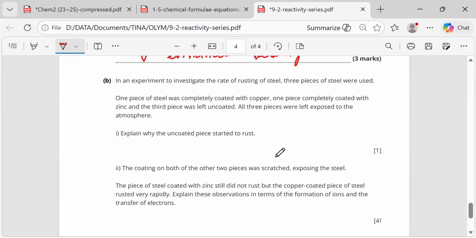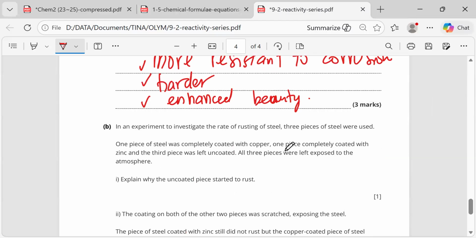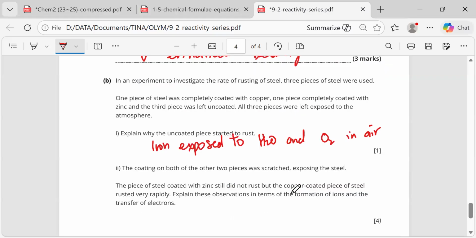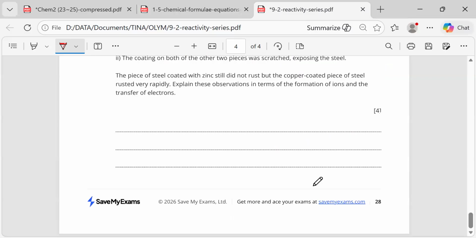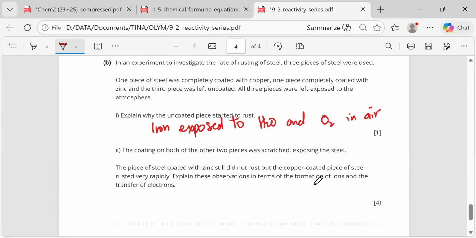In an experiment to investigate the rate of rusting in steel, three pieces of steel were used. One piece of steel was completely coated with copper, one piece coated with zinc, and one piece was uncoated. When a coated piece started to rust, iron is exposed to water and oxygen in air. Can I say just reacts with water and oxygen?